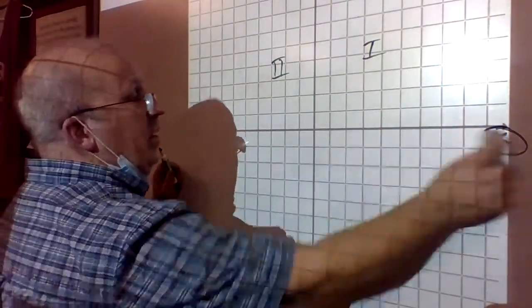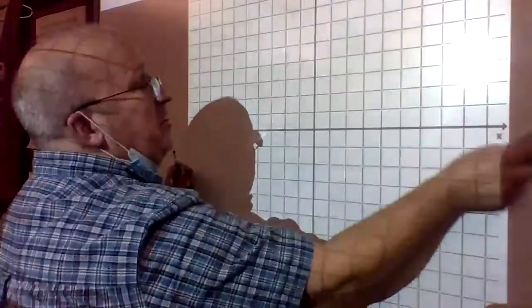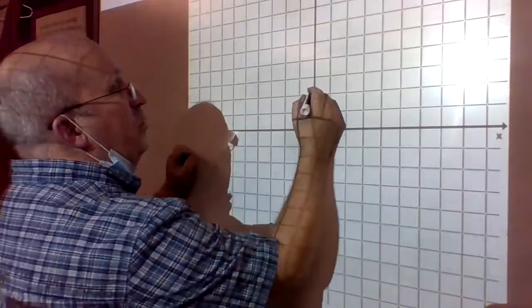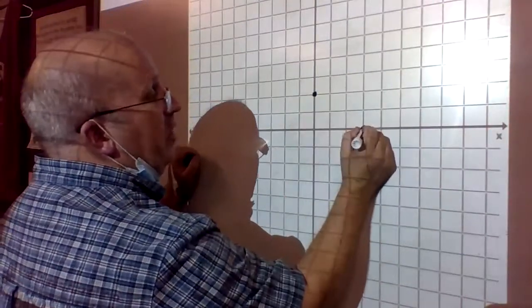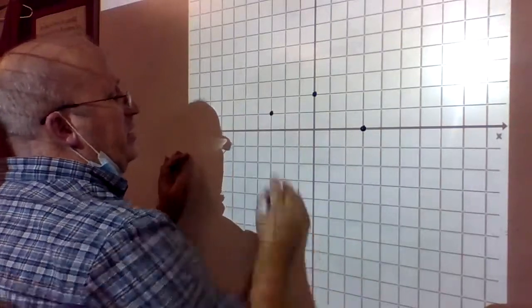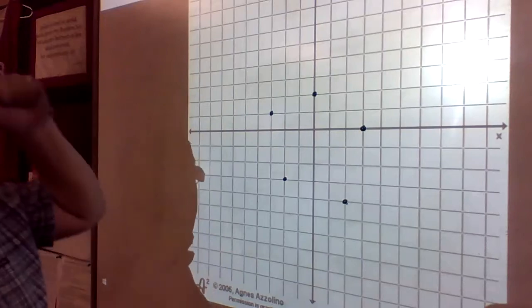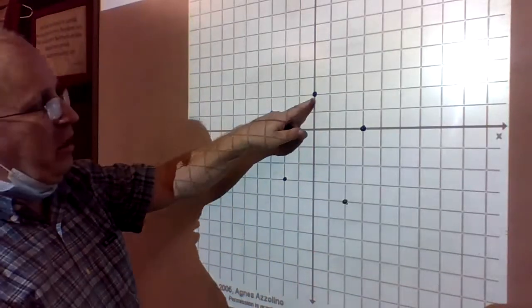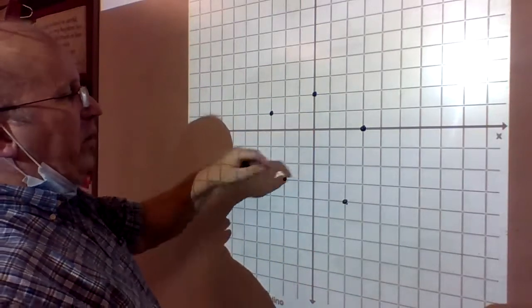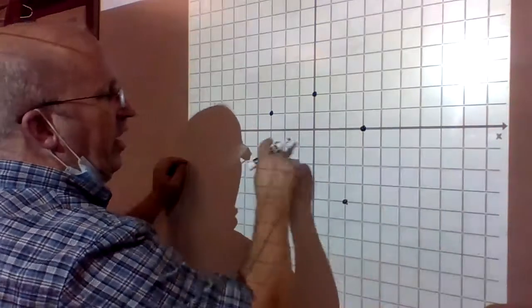Good. Okay. Now, how do I identify dots? Let's review that. I'm going to put a dot here, another dot here, one here, and one here. How do we identify them? Always think x first. X first. So if I'm talking about this dot right here, where is it in relationship to the x-axis?